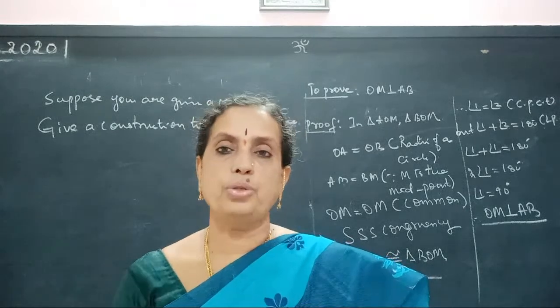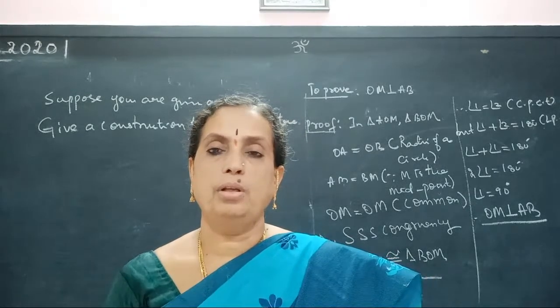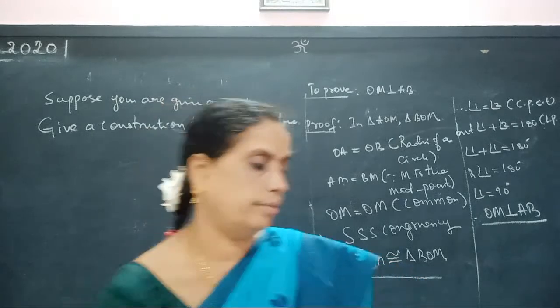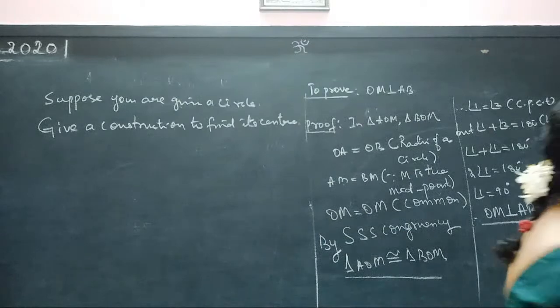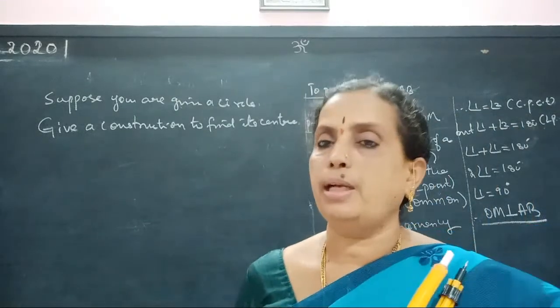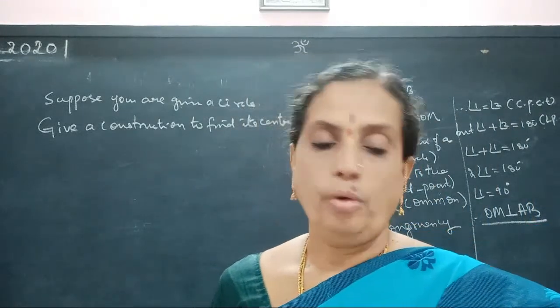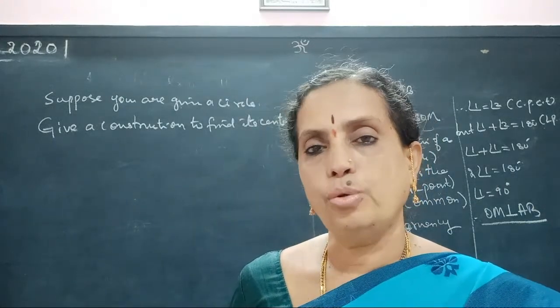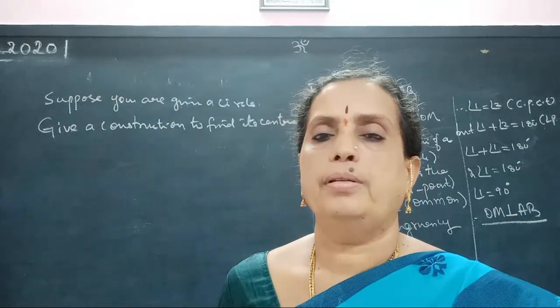But without using it, we have to check whether the center of the circle is right or wrong. If you have any circular object, either a coin or a bangle, you can use it, or else use this compass only.